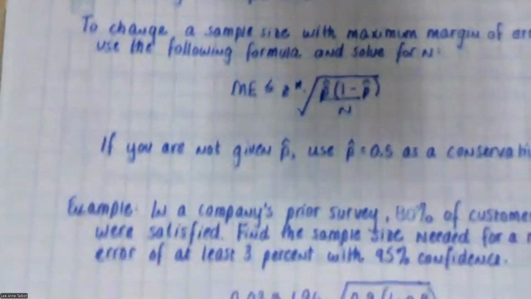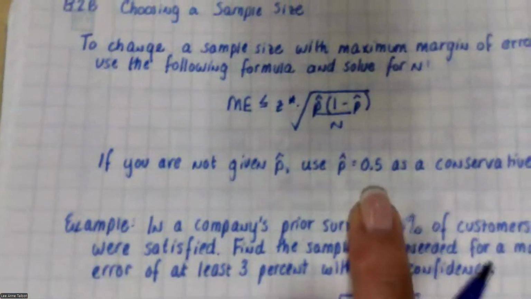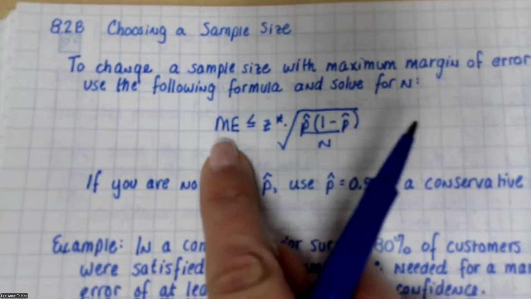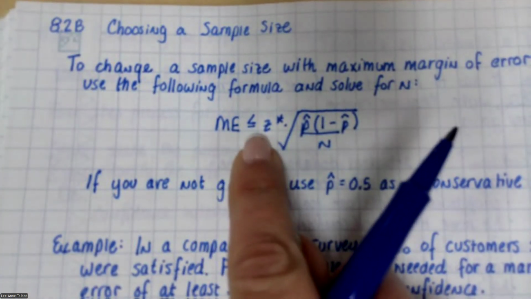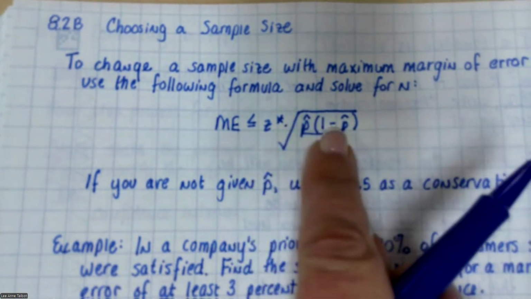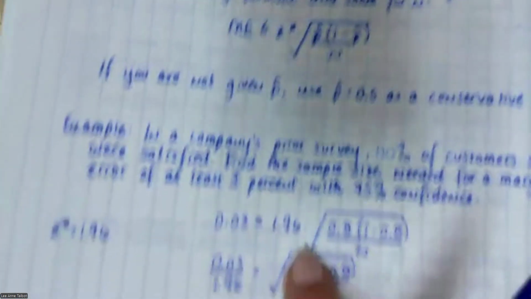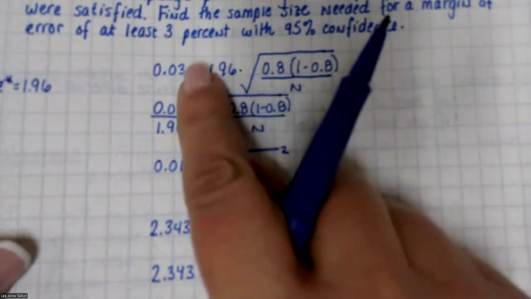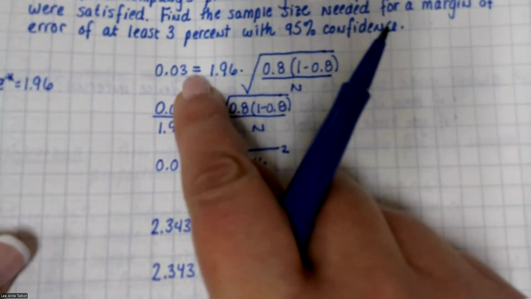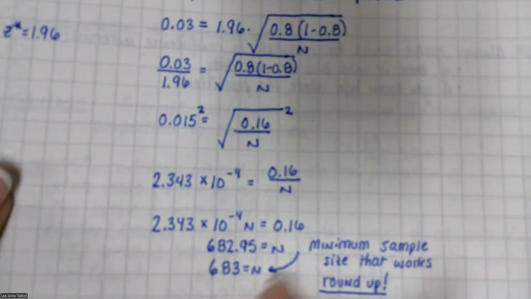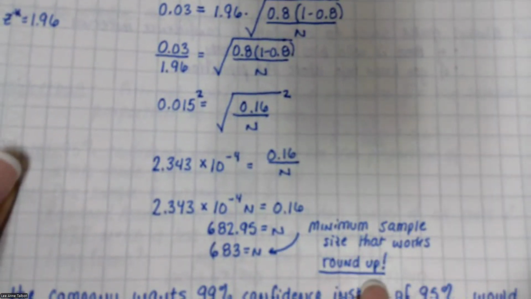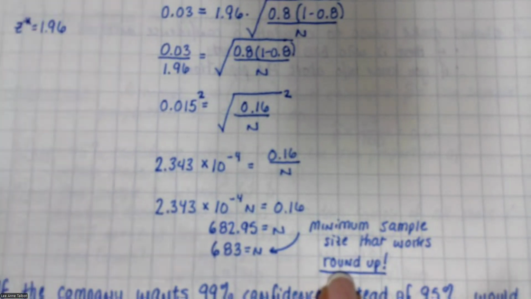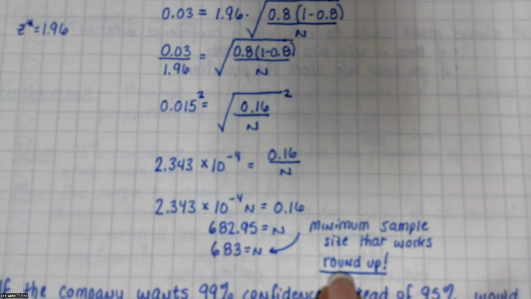Back in 8.2b, I told you to use margin of error is less than or equal to critical value times standard error. Then my life hack for you was to just pretend that it's equals, solve, and then round up, because this will give you the minimum sample size that works. If you do that, then you won't have to worry about the inequality bit.